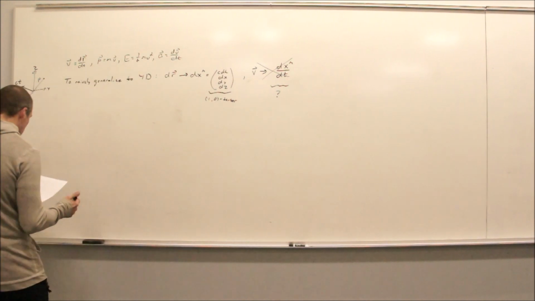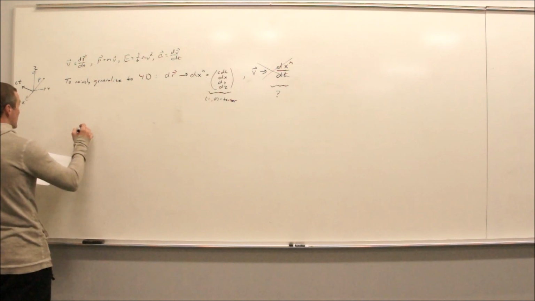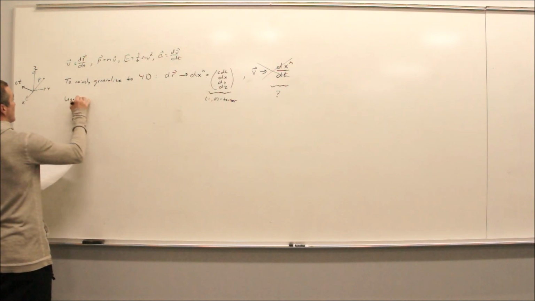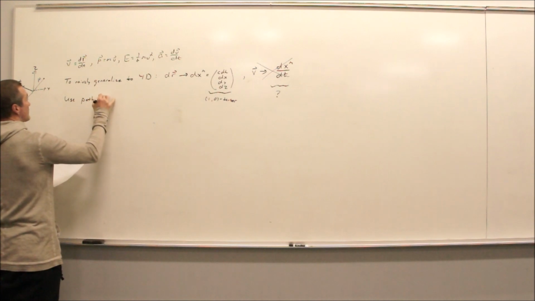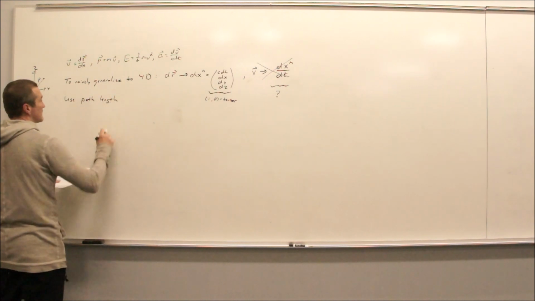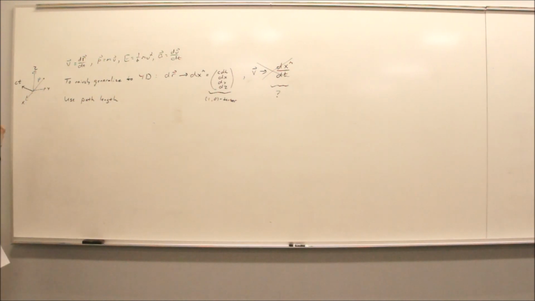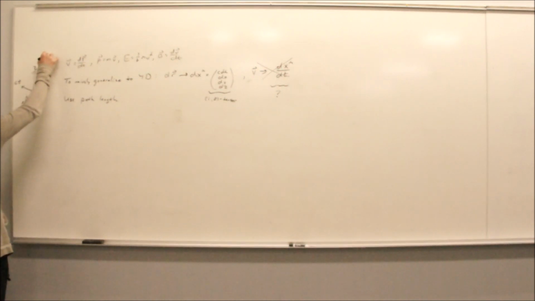So what we're going to use is the path length. If a particle is moving in 4 dimensions, then I can talk about the distance along its path with which it has moved. And we're going to call that tau.